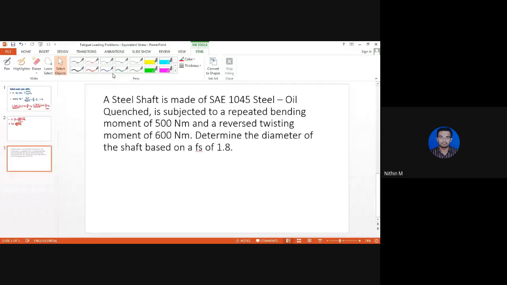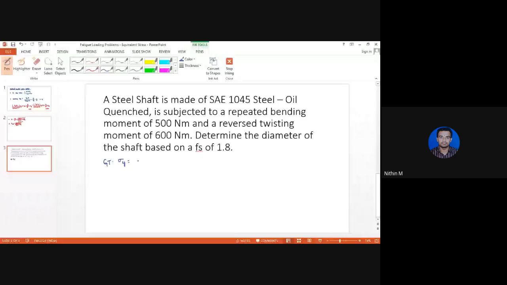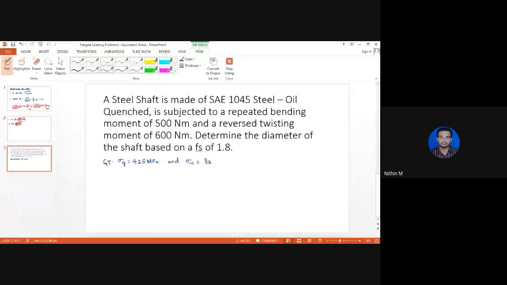They have also given the yield strength of the material. Let sigma y be 425 MPa. And its endurance limit sigma minus 1 is 365 MPa. So this is the problem at hand.